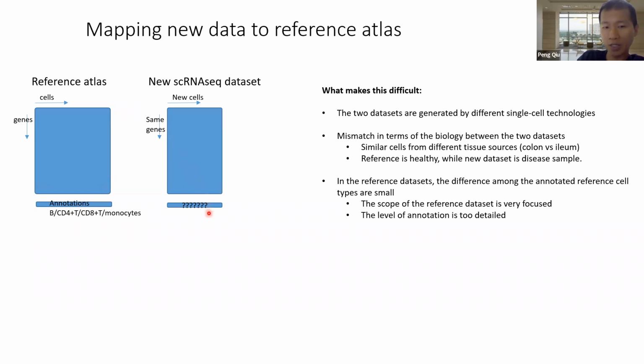But then our predictions can only be these major lineages, right? But if our reference data is annotated in a very, very detailed way, and we have, for example, 50 different immune subtypes annotated here, then the differences between these annotated cell types could be very subtle, and then learning the relationship between the data and these very detailed annotations could be difficult.